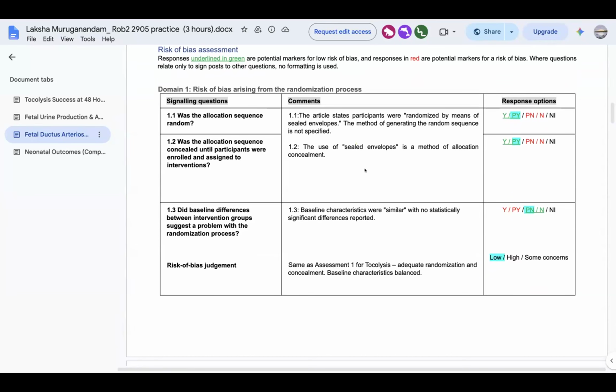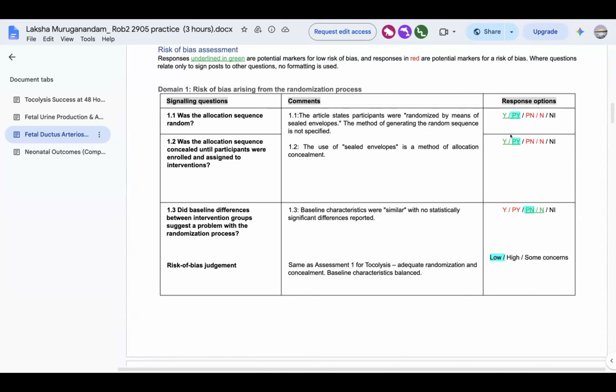Do we agree with 1.1? For 1.1, I think we answered NI, I'm pretty sure for this, for 1.1 and 1.2. Yeah. So for 1.2, she said the use of sealed envelopes is a method of allocation concealment.